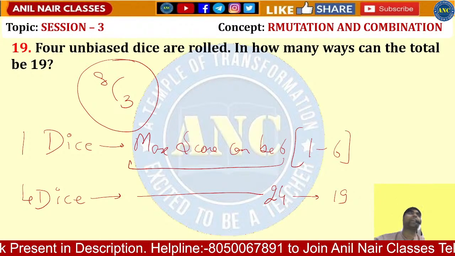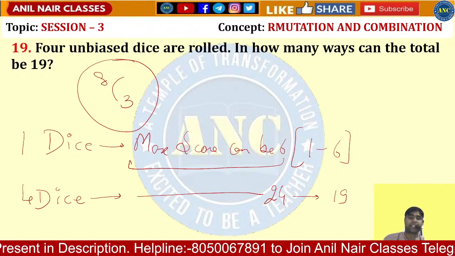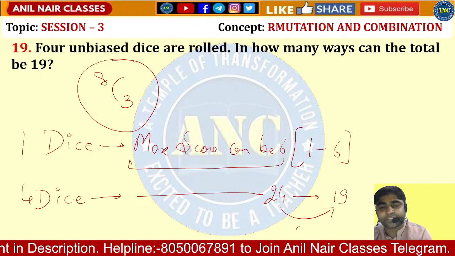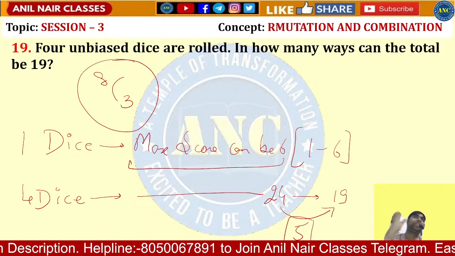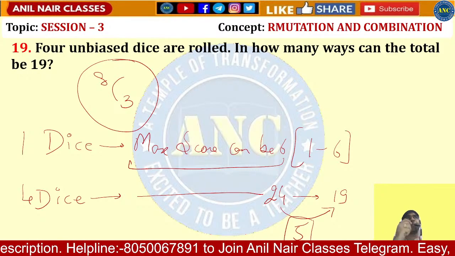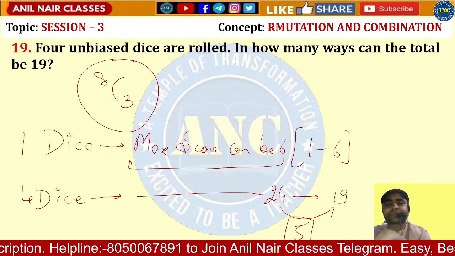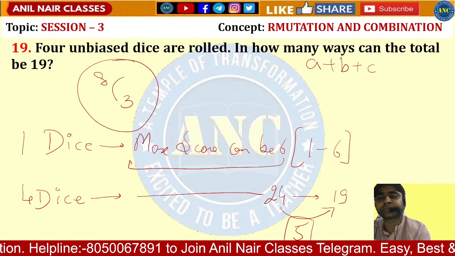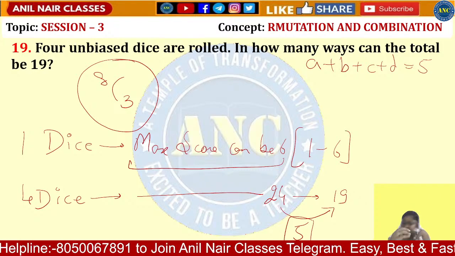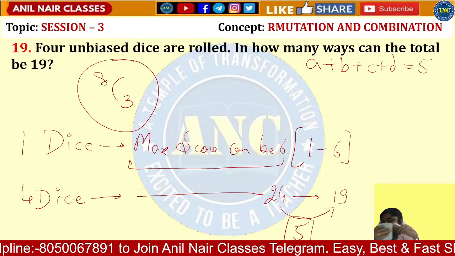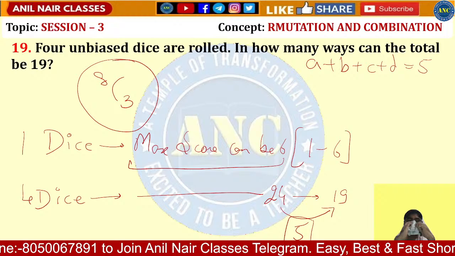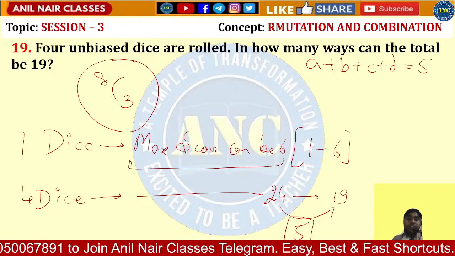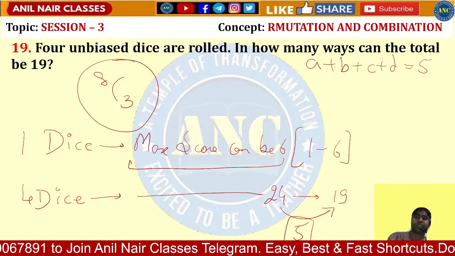So what I will actually do, I will say that the difference here is 5. Now, this 5 I have to divide among the 4 dice rolls, where less is my question. So A plus B plus C plus D is supposed to be 5.